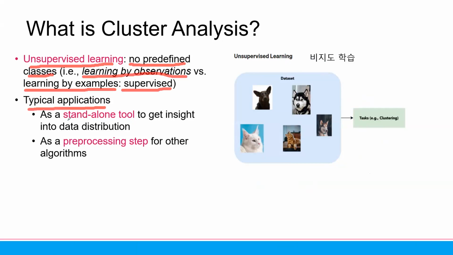The typical application is a standalone tool to get insight into data distribution. So if you look at the binning, for example, you still remember binning? When we do binning, we have only the very simple binning like the equal width, equal frequency. So that's also a tool to see the data distribution.